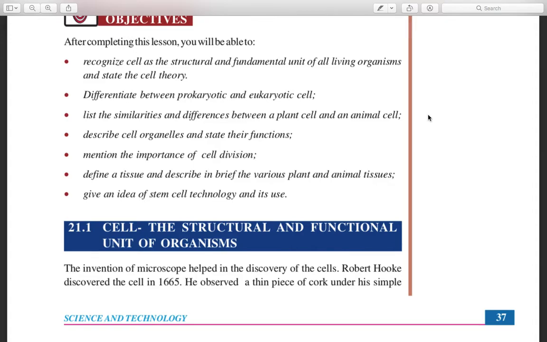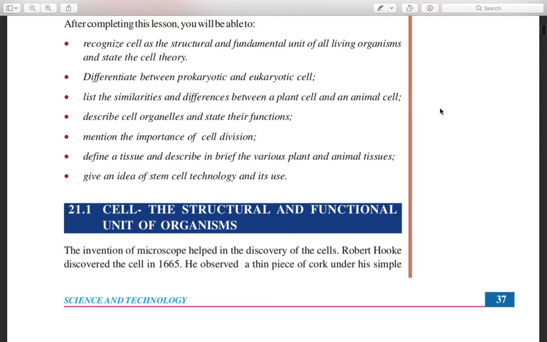When you say fundamental unit, for a house building the fundamental unit is a brick. The brick forms walls, walls form rooms, and rooms form houses. So the fundamental unit of a house is a brick. That's an example. Like that, the fundamental unit for a living organism is a cell.